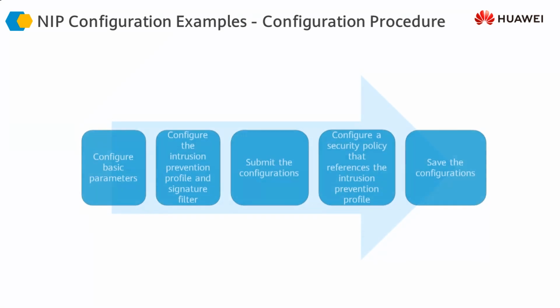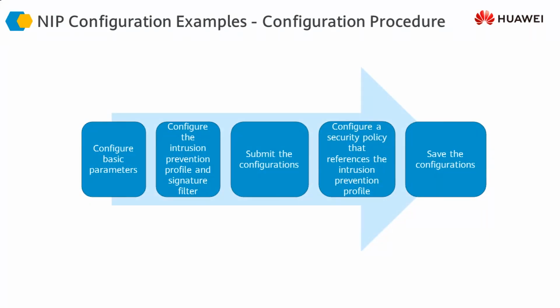So this is the basic configuration procedure which we have already seen. We configure the basic parameters, configure the interfaces, and configure the policies. Then we configure the intrusion prevention profile and signature filters, as we looked at previously. We link these profiles to the policies.